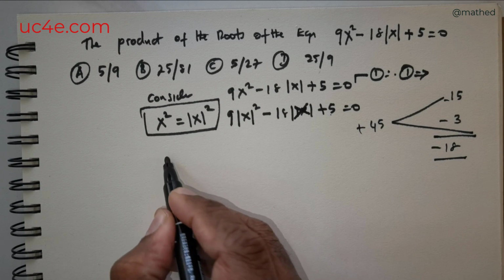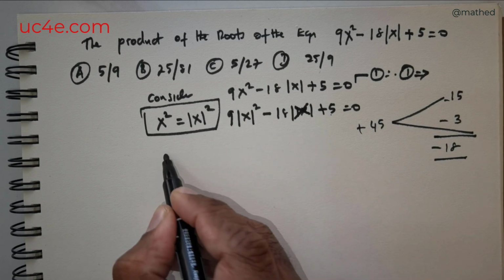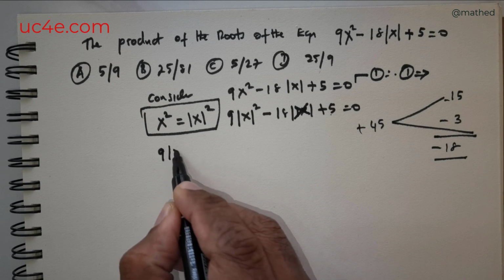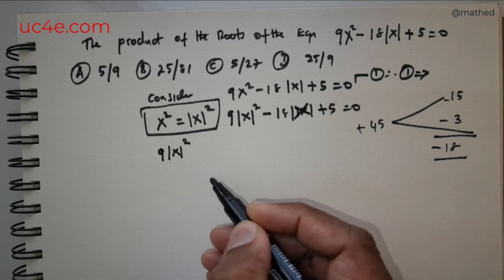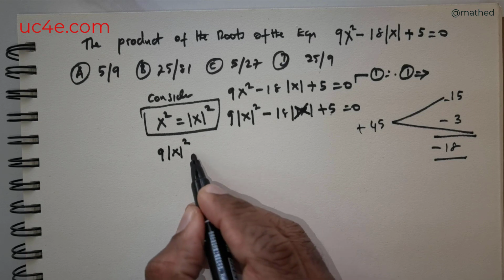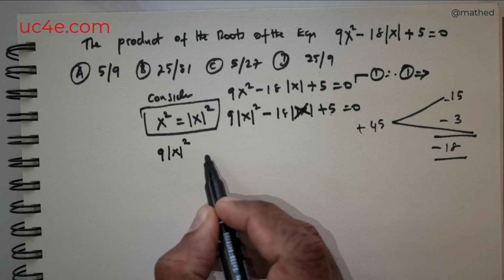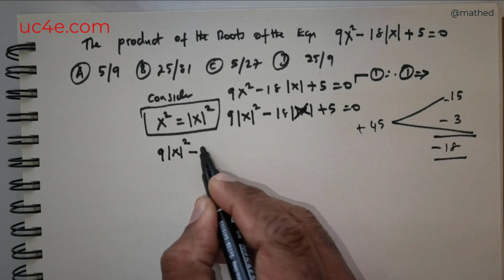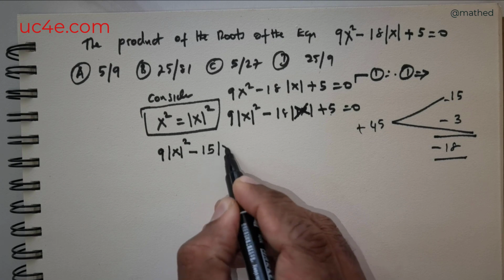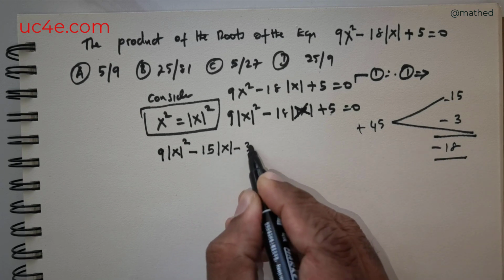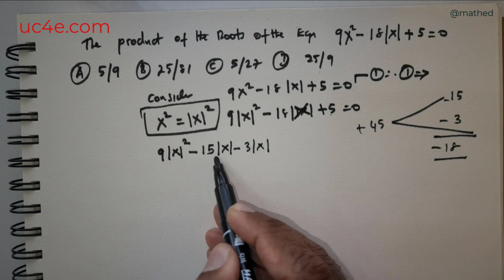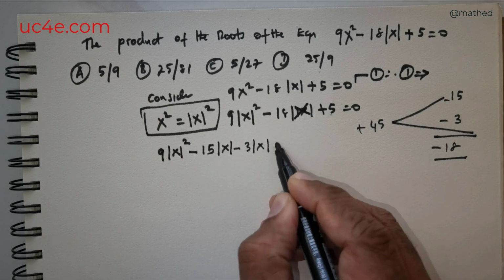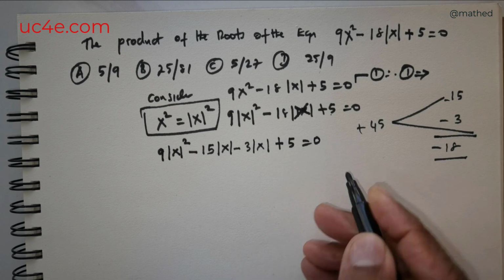So this has to be written like this: 9 times modulus of x raised to the power of 2, followed by negative 15 modulus of x, negative 3 modulus of x. Negative 15 modulus of x added with negative 3 modulus of x gives negative 18 modulus of x, followed by positive 5 is equal to 0.